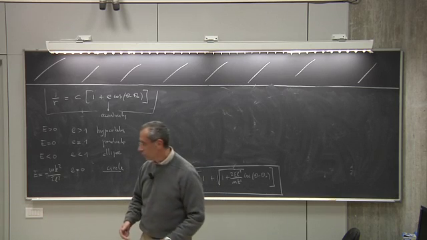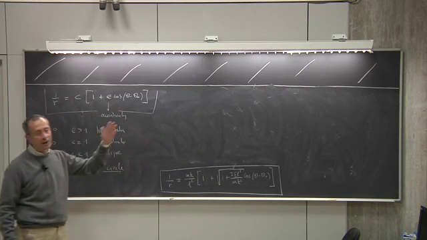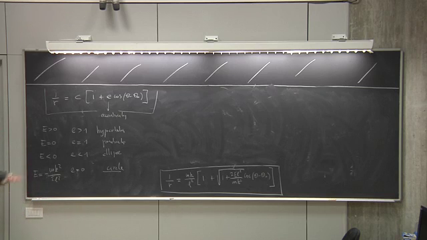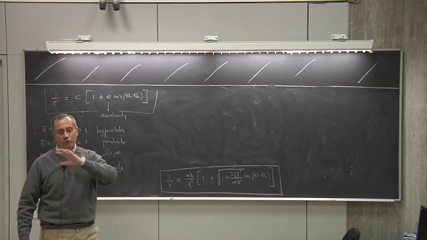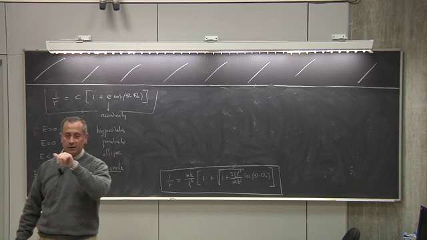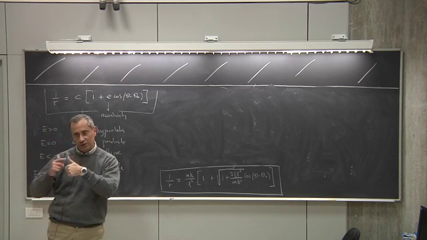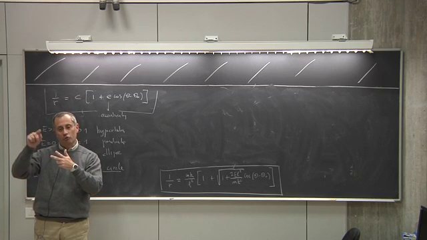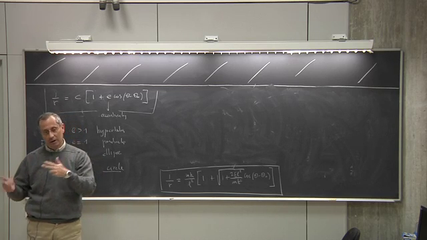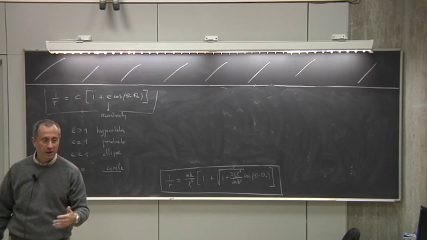I want to discuss also the potential that goes like 1 over r squared, right? Remember that the ones in terms of trigonometric functions were for the harmonic oscillator and the Kepler problem, but also if the potential was 1 over r squared, right? So it's worthwhile to discuss also that case.